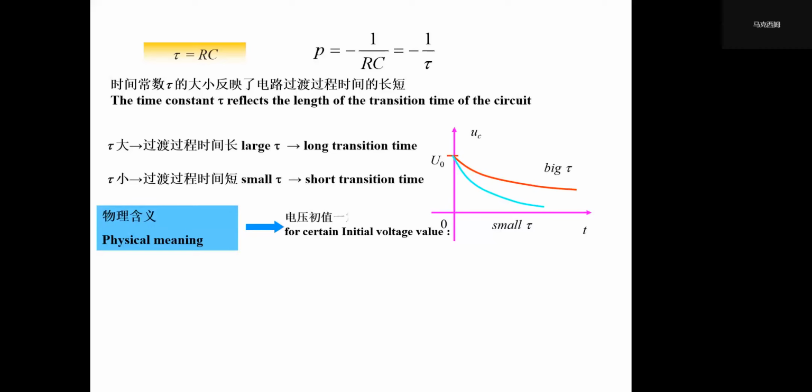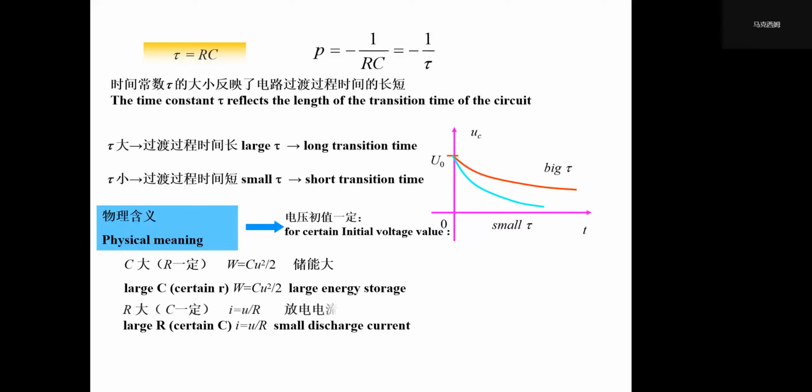Its physical meaning is, for a certain initial voltage value, the larger the capacity you have, the more energy you can store. And the larger the resistance is, the smaller the discharging current you have.